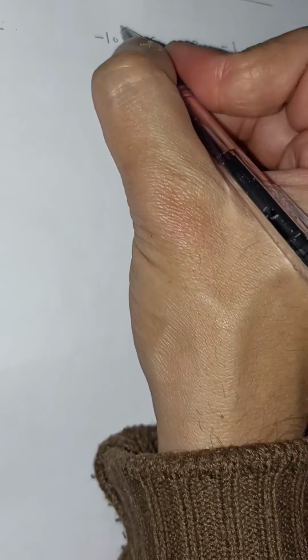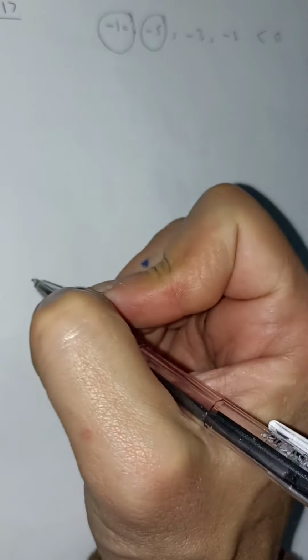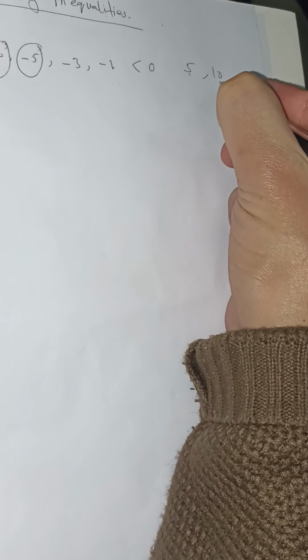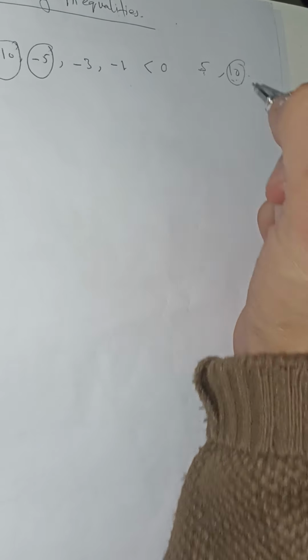For example, -10 is smaller than -5, just as 5 is smaller than 10, or 10 is bigger than 5.